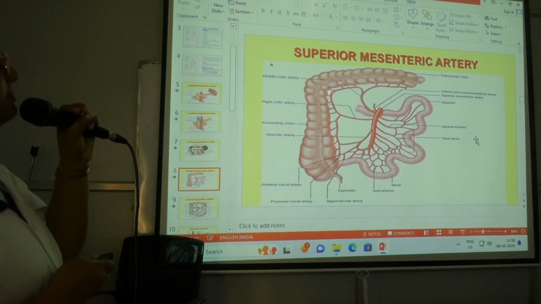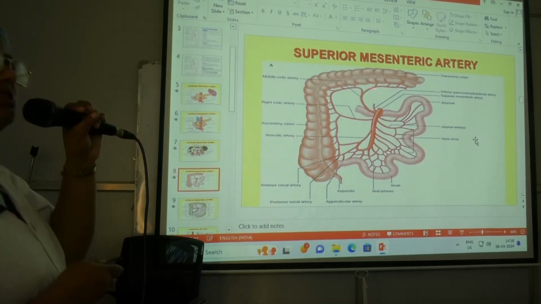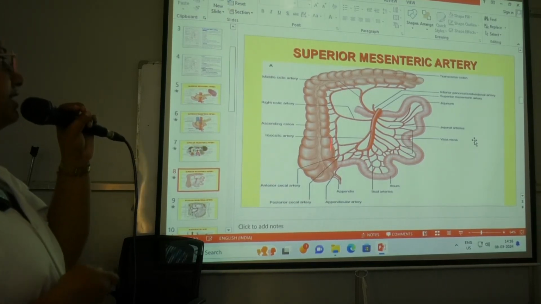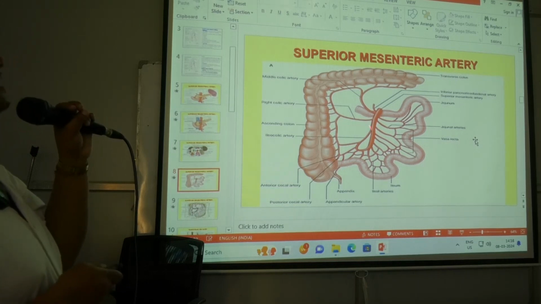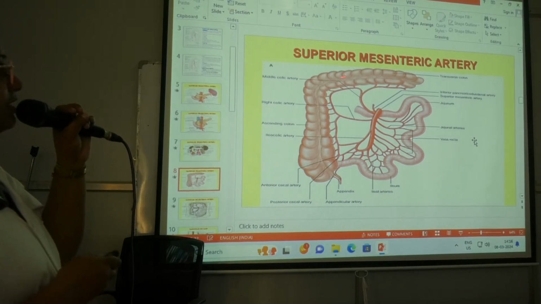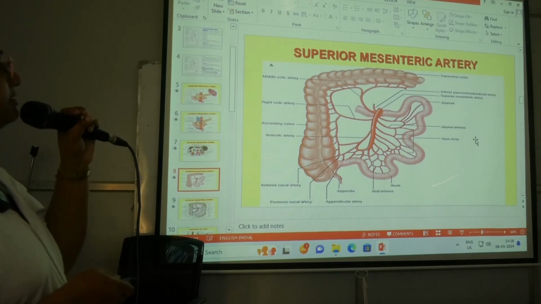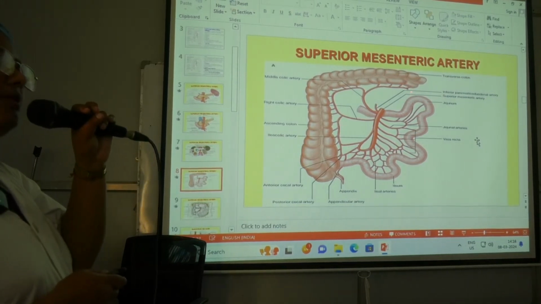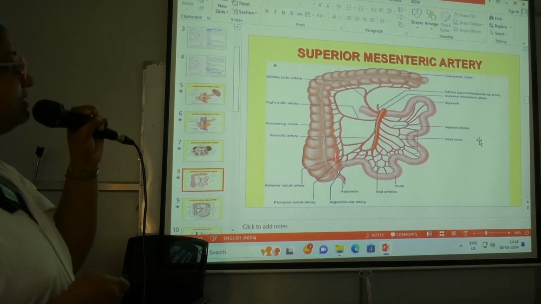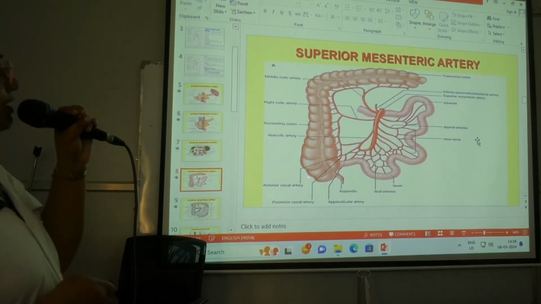The right colic artery divides into ascending and descending branches. The ascending branch anastomoses with the right branch of the middle colic, and the descending branch anastomoses with the ascending branch of the ileocolic artery. So all these arteries together form an anastomosis, that is known as the marginal artery of Drummond. And from this marginal artery, vasa recta. These are the vasa recta. These are going to supply the colon.